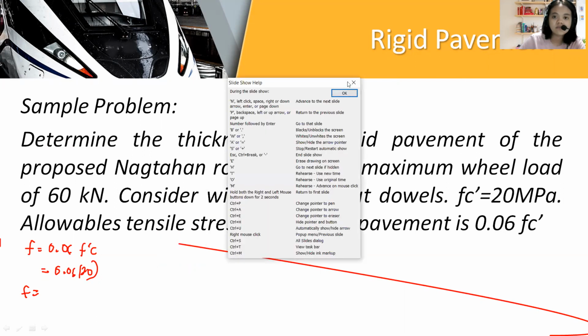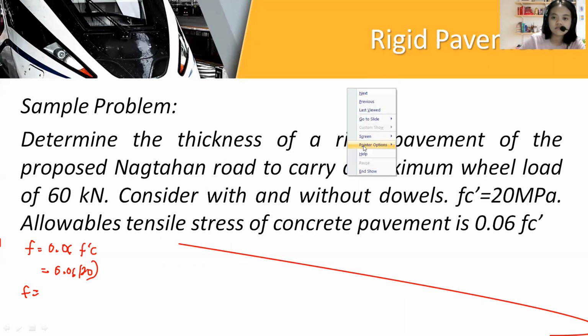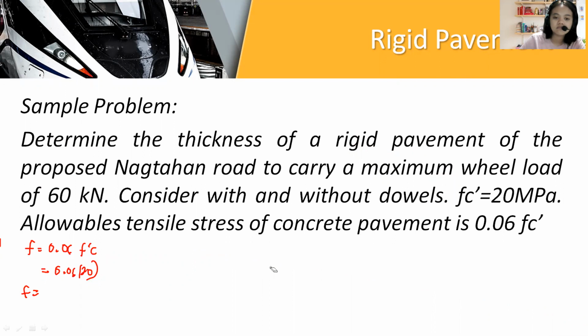So, if that is 1.2, now we can solve for your thickness. Determine with and without dowels.